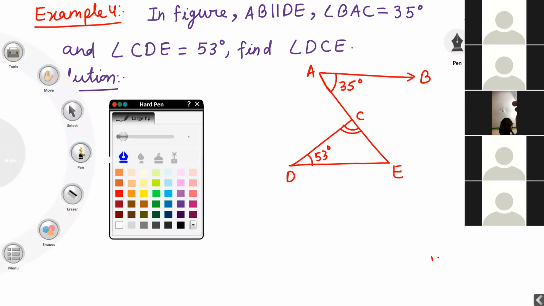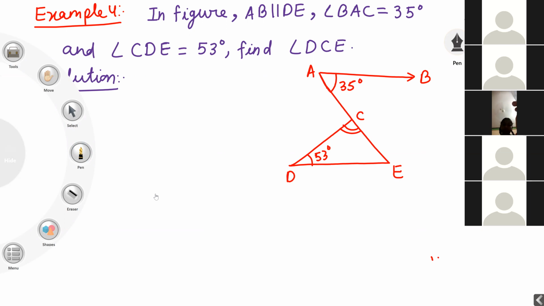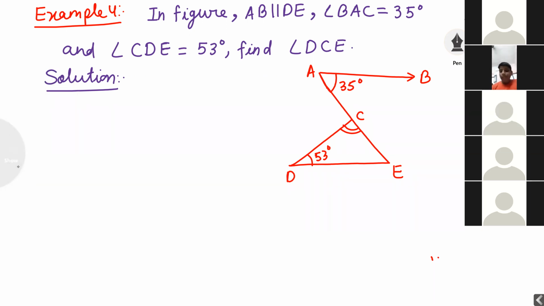First, draw this figure, everyone. I know some students are getting this answer, but draw this figure, everyone. One thing he has given in the question, AB is parallel to DE. Means this line is parallel to this line.